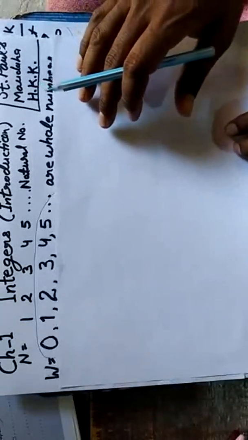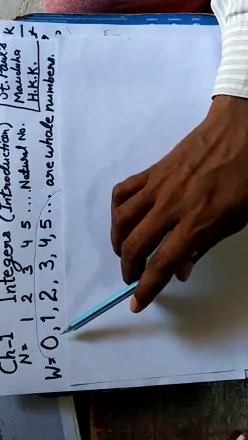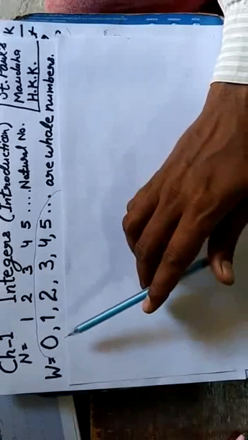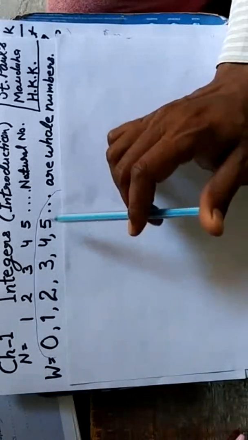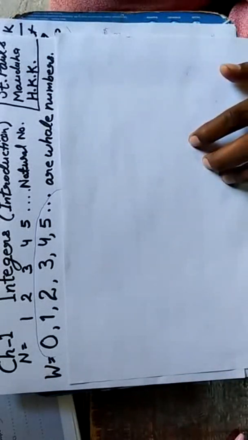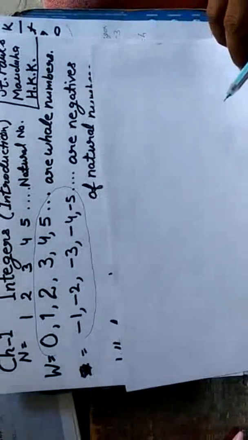Second one, when we include 0 with the natural numbers, they start from 0: 0, 1, 2, 3, 4, 5 and so on are whole numbers. So natural numbers and whole numbers are both different.